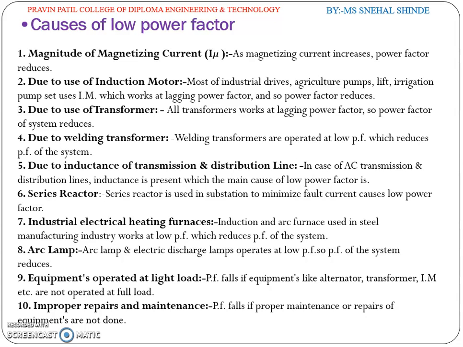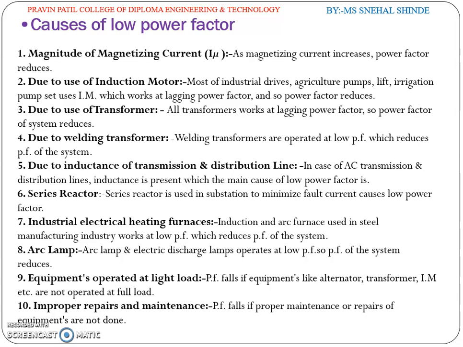Most of the industrial drives, agricultural pumps, lifts, irrigation pump sets use induction motors, which work at lagging power factor, and so power factor reduces. Due to use of transformers, all transformers work at lagging power factor, so power factor of the system reduces.